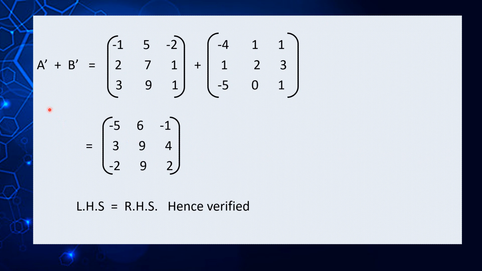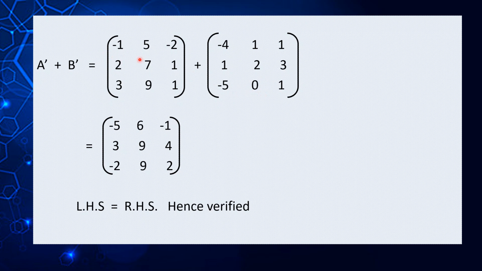Next, we would find the RHS part, that is A transpose plus B transpose, that would be minus 1, 5, minus 2, 2, 7, 1, 3, 9, 1 plus minus 4, 1, 1, 1, 2, 3 and minus 5, 0, 1.